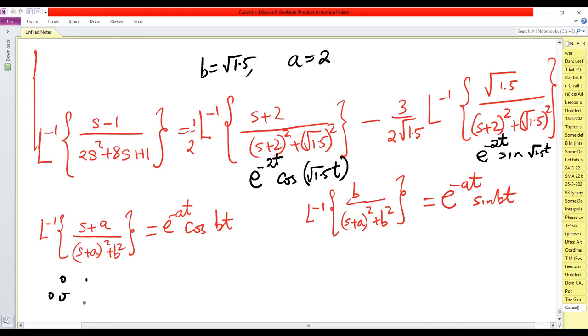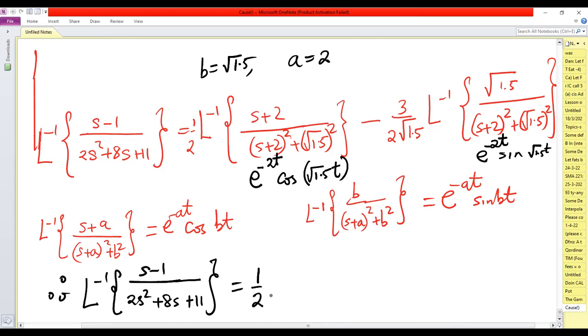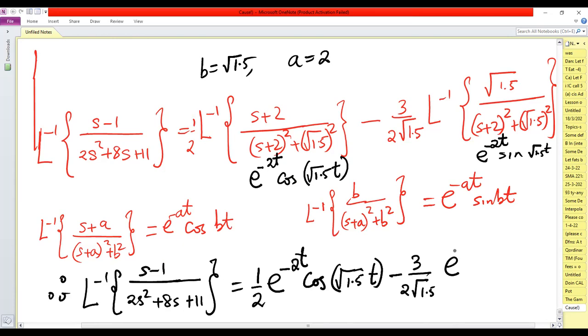Therefore, the inverse of the expression (s minus 1) over (2s squared plus 8s plus 11) will be given by a half e raised to the power negative 2t cosine of square root of 1.5 t, minus 3 over 2 root 1.5 e raised to the power negative 2t sine of root 1.5 t.